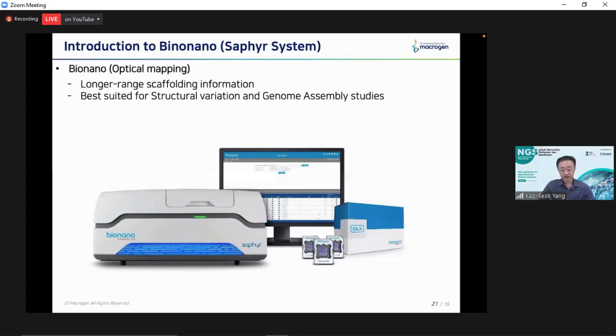But still, genome size is much, much bigger than the average read length of the PacBio platform. So we need something else that can cover the much longer range.